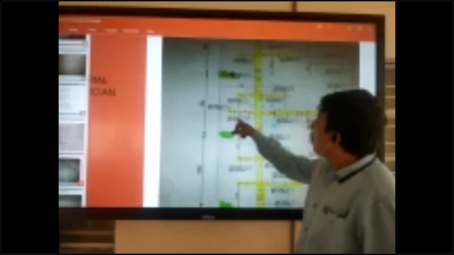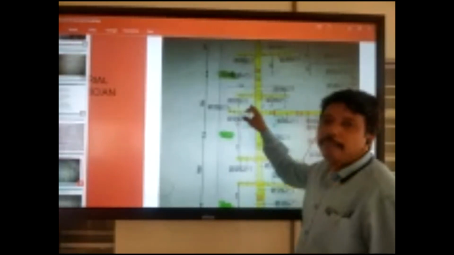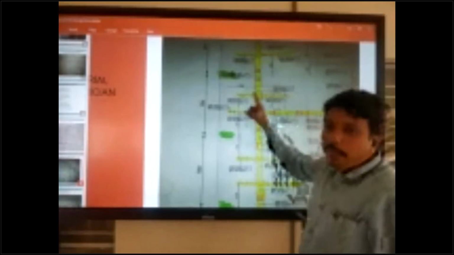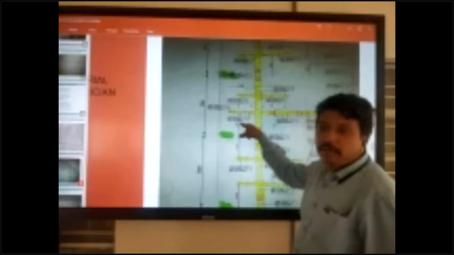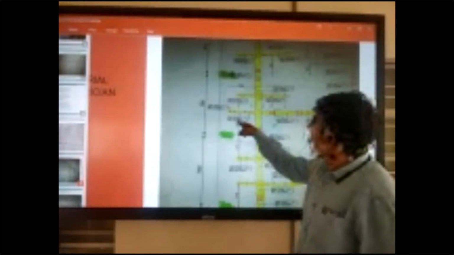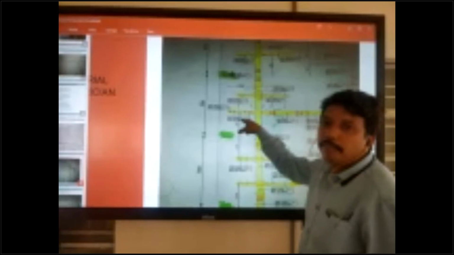This means you can convert mm to centimeter: 372.5 centimeter. If you convert to meter, it is 3.725 meter.